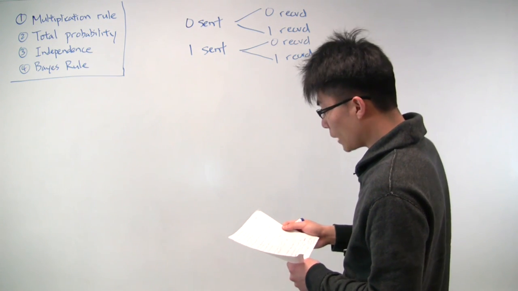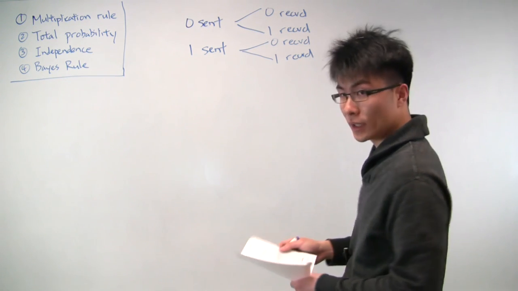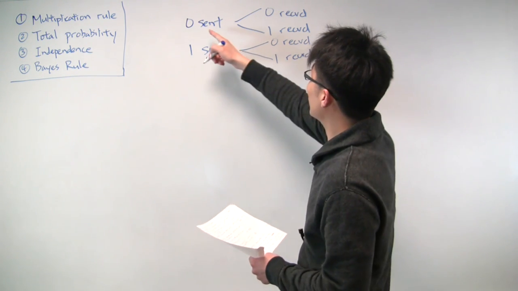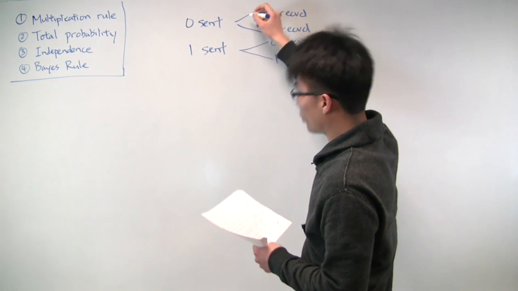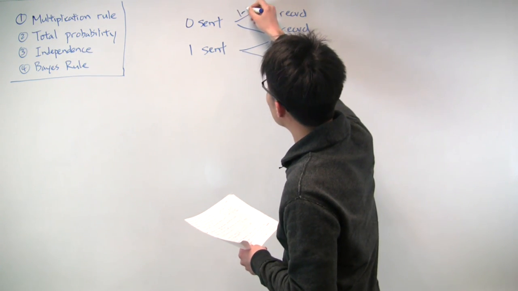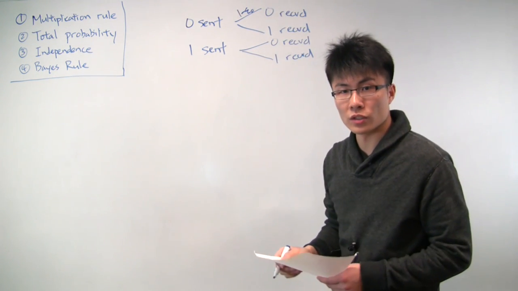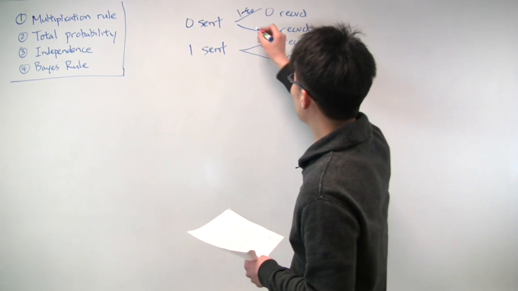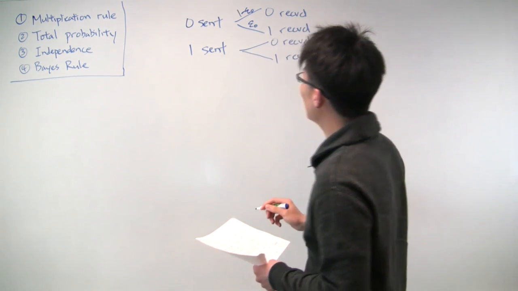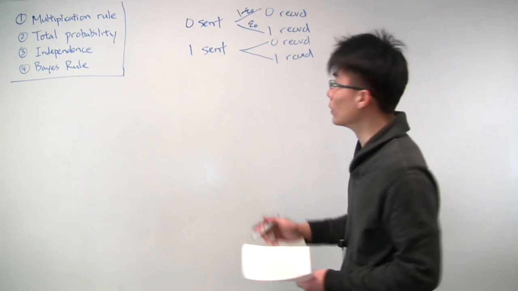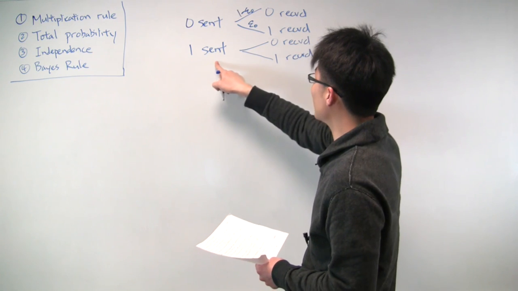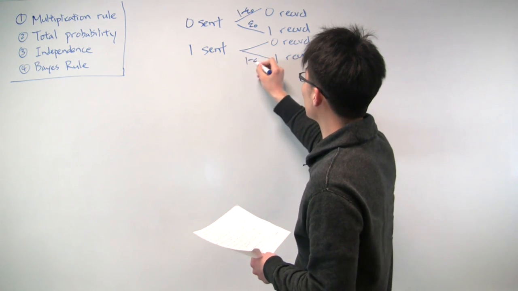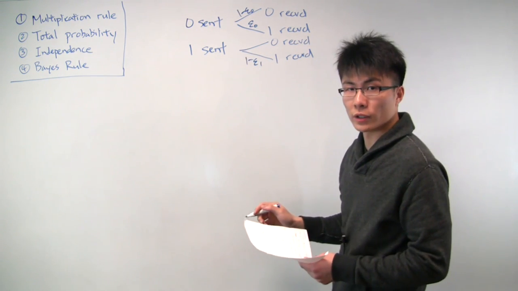All right. And the problem actually tells us what the probabilities here are. So we know that if a 0 is sent, then with probability 1 minus epsilon naught, a 0 is received. And with the remaining probability, it actually gets corrupted and turned into a 1. And similarly, if a 1 is sent, then with probability 1 minus epsilon 1, the 1 is correctly transmitted.